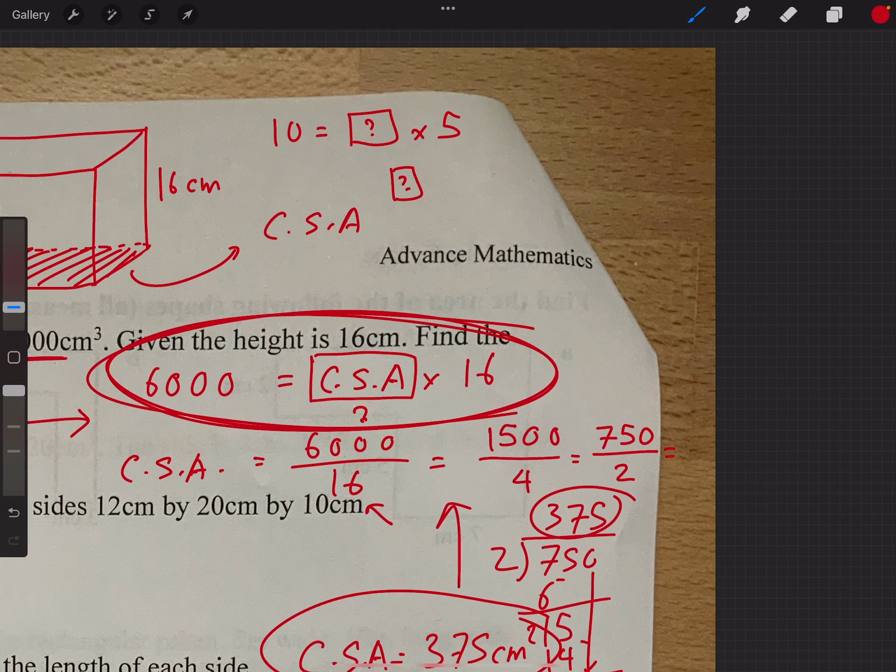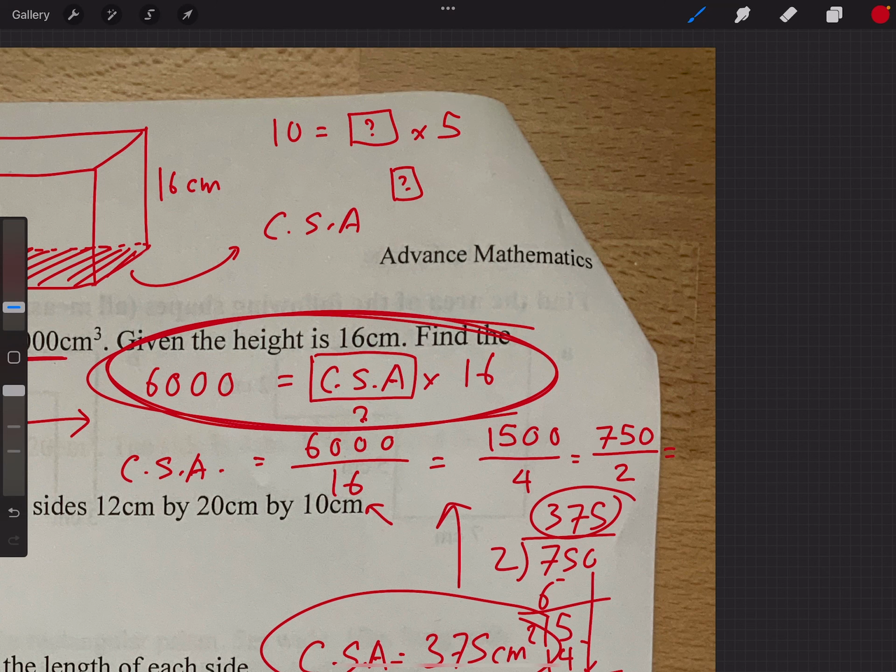So it can't be 4. Try 5 and 6 and 7. It should be one of them. Is it 5 times 5 times 5? Whatever number you get, that's going to be the length of each side. So it could be 5 times 5 times 5, or 6 times 6 times 6, or 7 times 7 times 7. Work out what that number is.